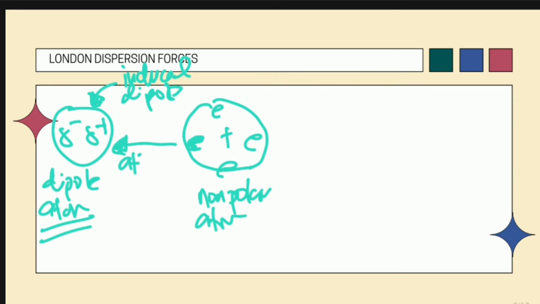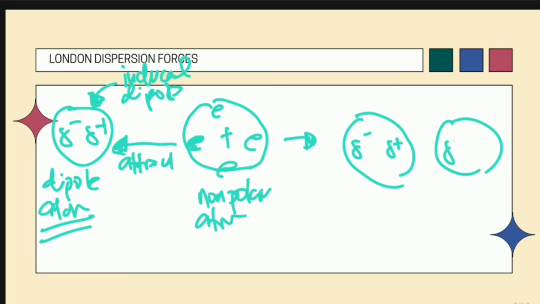So, it will attract, thus it will produce, so makakaproduce siya ng partially negative, partially positive, partially negative, and partially positive. Remember na opposite attracts. So, si positive lalapit kay negative. So, this is our dipole. Ito yung dipole atom natin. Yung nauna kanina.